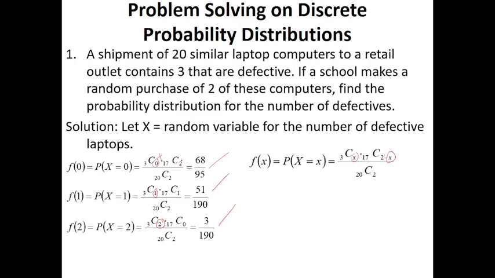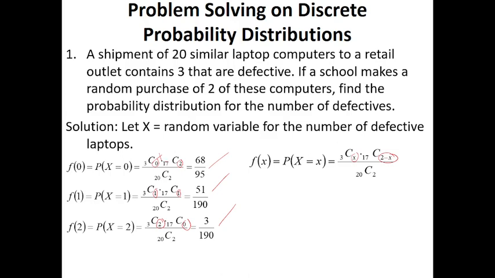Then we have 2, followed by 1, followed by 0. So 2 good laptops, 1 good laptop, 0 good laptops. Meaning that will be 2 minus x. That will be the solution now.